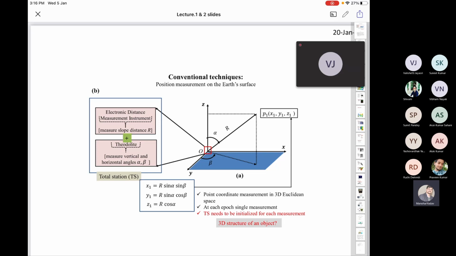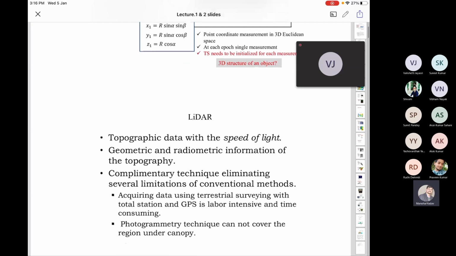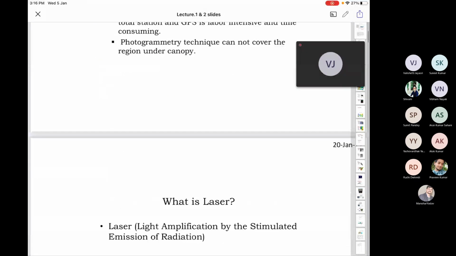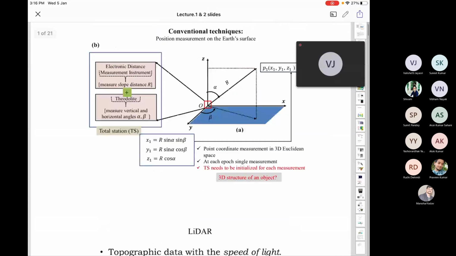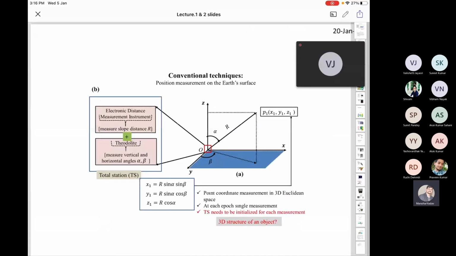But let's say our aim is to get coordinates of the entire object. Let's say you want to model the entire object, I'm talking about 3D modeling. Let's say you are interested in modeling of trees, or buildings, similarly other objects.